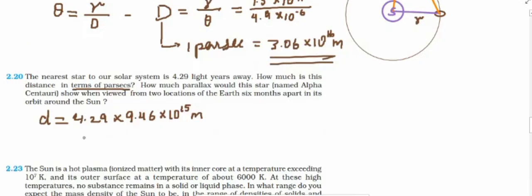Therefore, you will get this distance in parsec by dividing by 3.06 into 10 power 16. So that many parsecs.